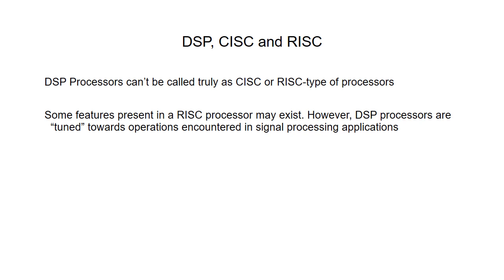RISC means reduced instruction set computers. A variety of RISC processors have been designed, including the ARC processor, the DEC Alpha, the AMD AM29000, the ARM architecture, the Atmel AVR, Blackfin, Intel i860, etc.